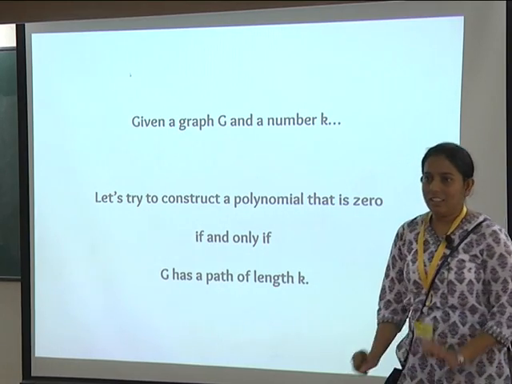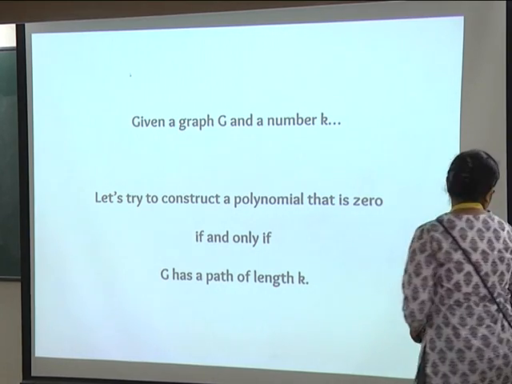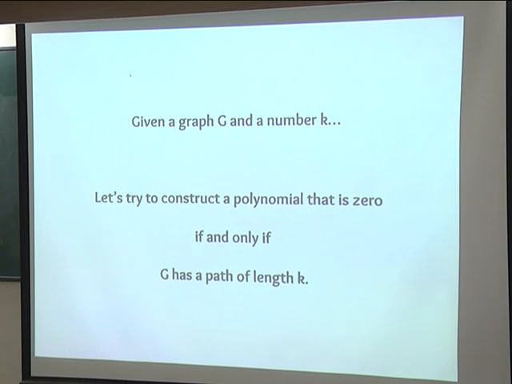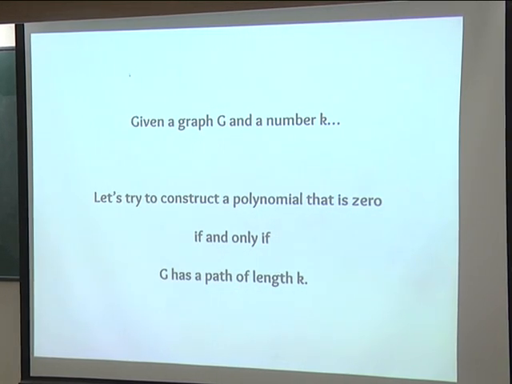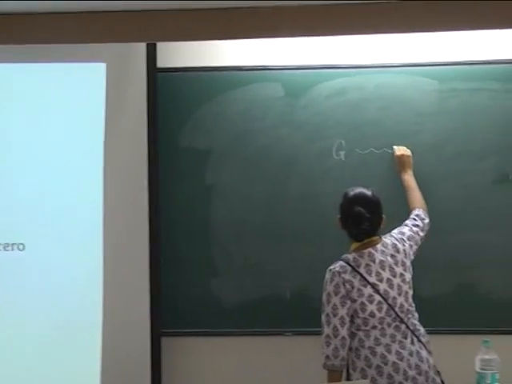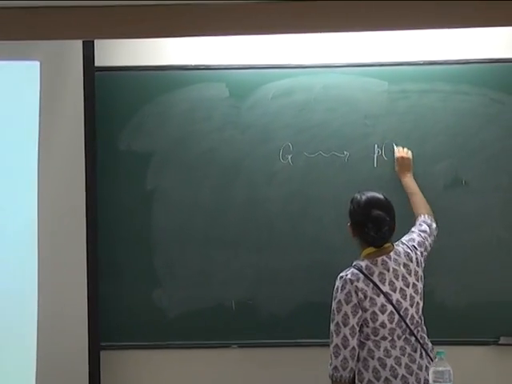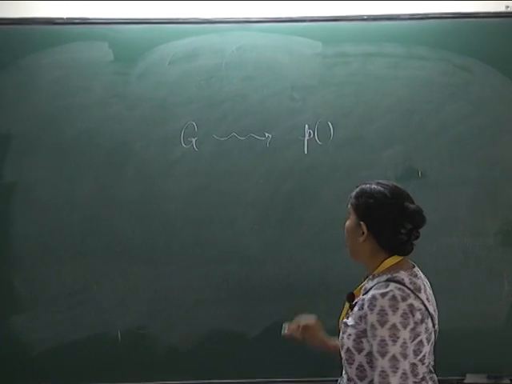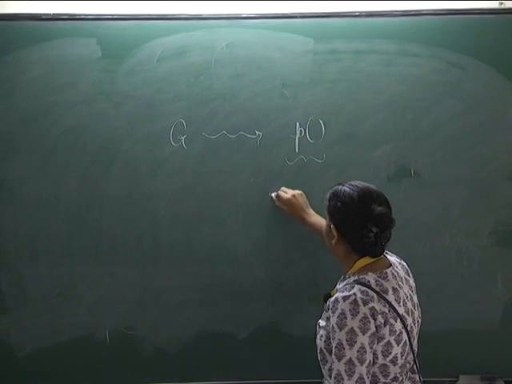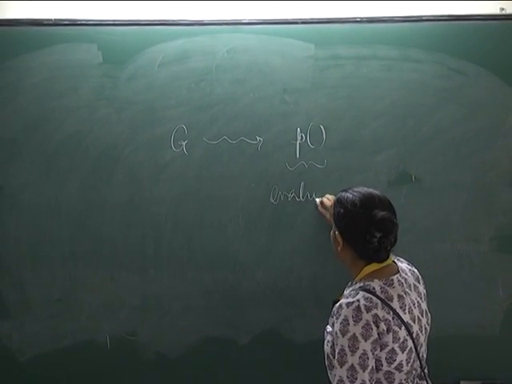All right. So the idea is that you do this translation and basically feed this into a polynomial identity tester, which is really simple. You start with a graph G and come up with some polynomial p. Hopefully, you come up with a polynomial that you know how to evaluate easily.